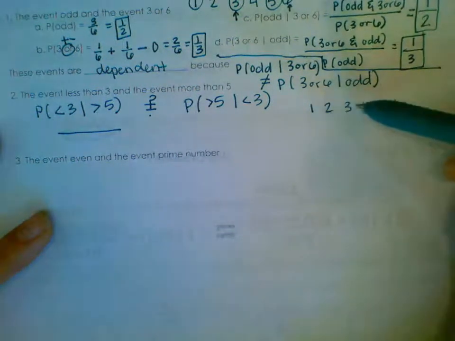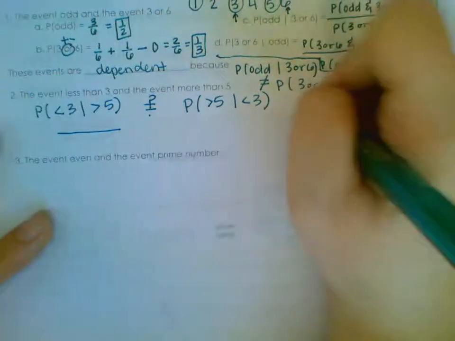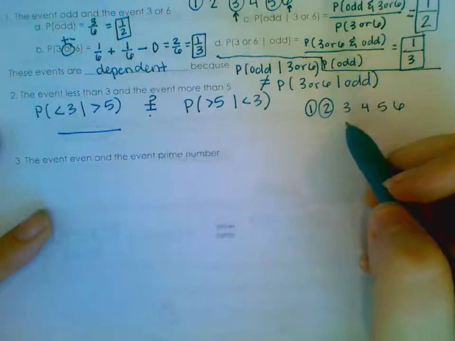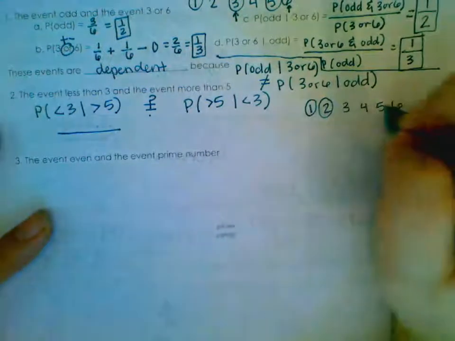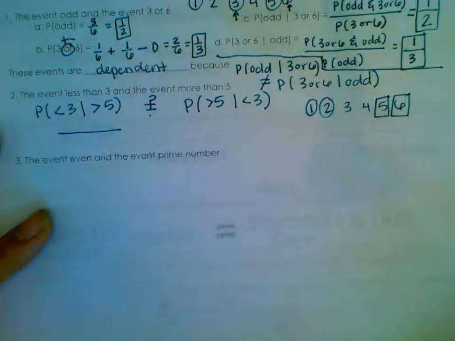Less than 3 is 1 and 2. We do not include the 3 because it didn't say that. Just the numbers less than 3. We're also looking at the numbers more than 5. That's the second event.